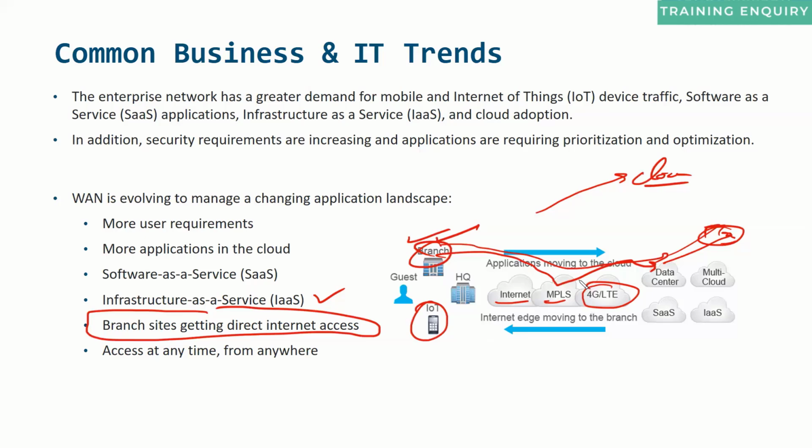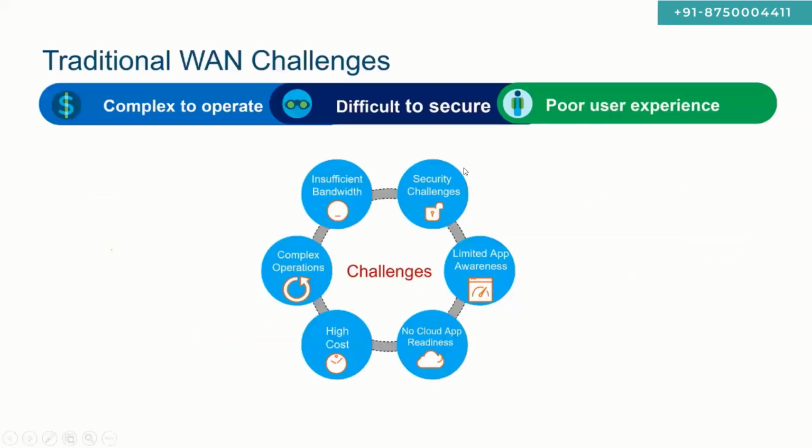Customers are using the concept of multi-cloud. So trends are changing. Requirements are changing. So the traditional way of networking would create so many problems then. Like security challenges, because the internet is moving to the edge. Insufficient bandwidth, limited app awareness.